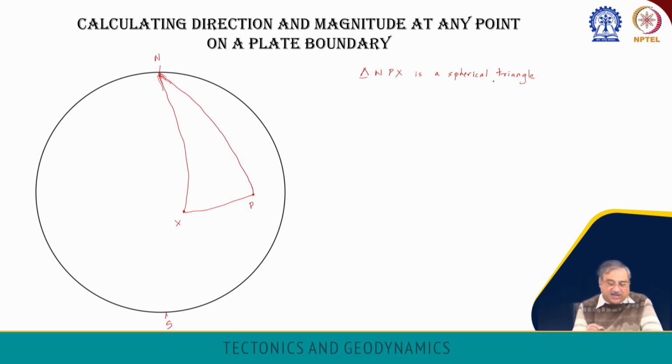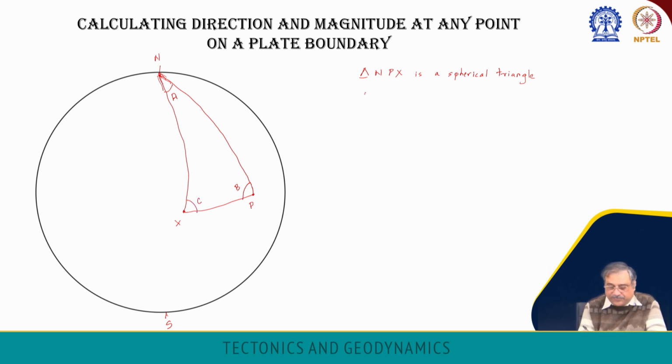So if it is a spherical triangle, on the surface of a sphere, it's a curved triangle. So this angle is a curved angle on this spherical triangle. Let us call this angle here capital A. Similarly, this angle here, let us call it capital B. This angle here, let us call it capital C.